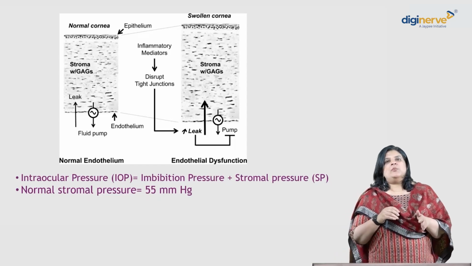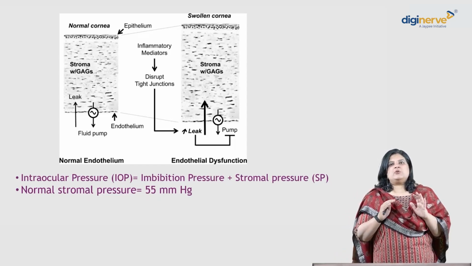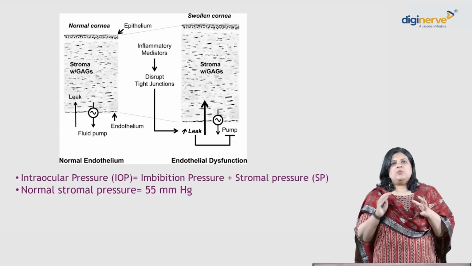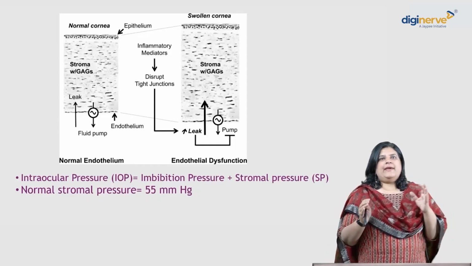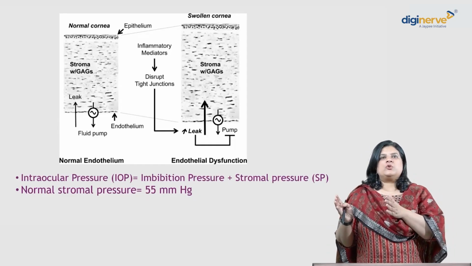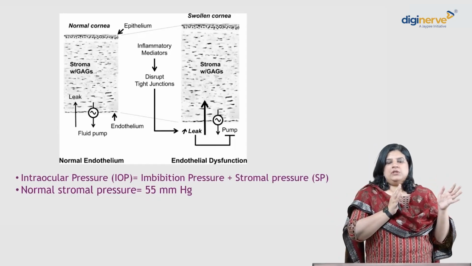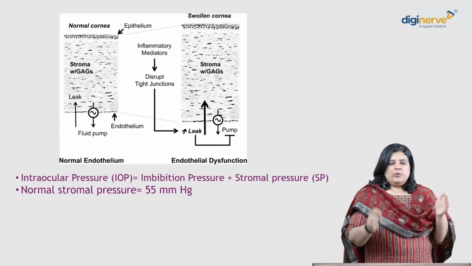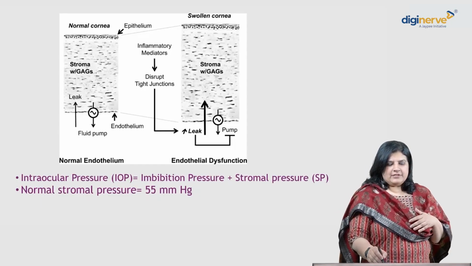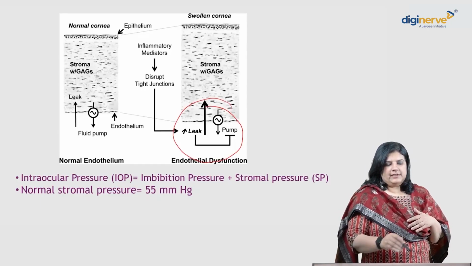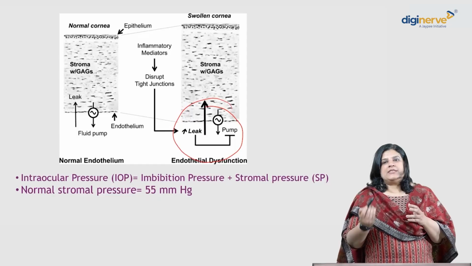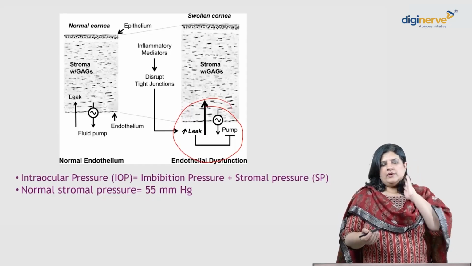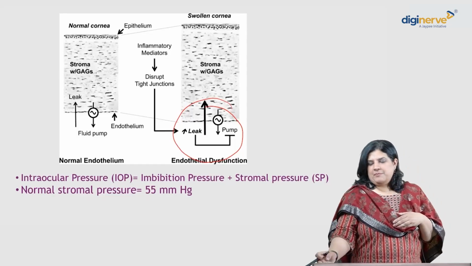The normal stromal pressure is 55 millimeters of mercury, and we don't want any change in the dynamics between the normal stromal pressure and the normal intraocular pressure. We get a swollen cornea if something goes wrong in the endothelium, that the pump mechanism starts failing, or if there is something wrong in the epithelium.